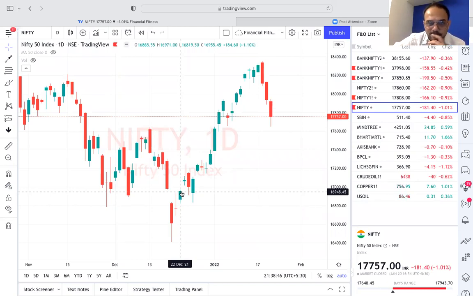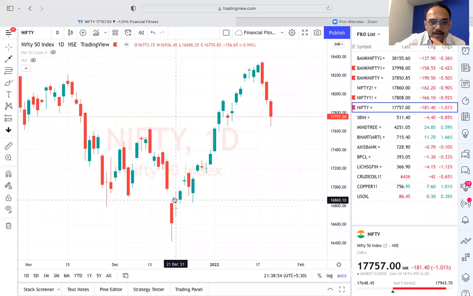So basically, you are saying that you see the reversal pattern. For example, in this case you are showing 21st December. It is coming down, down, down, and then there is a big doji. Correct. And you place an order the very next morning at a higher price, 16,952, something like that.